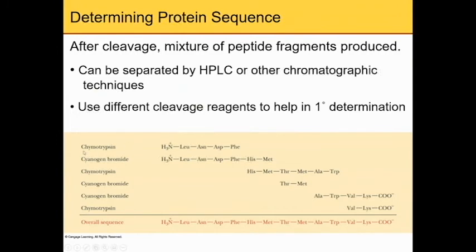So basically, if you treat the peptide with chymotrypsin, you cut at the phenylalanine, and with cyanogen bromide, you cut at the methionine, and then with chymotrypsin you get another fragment, and cyanogen bromide another peptide. So if you use these different reagents and enzymes, you get these six different peptides.